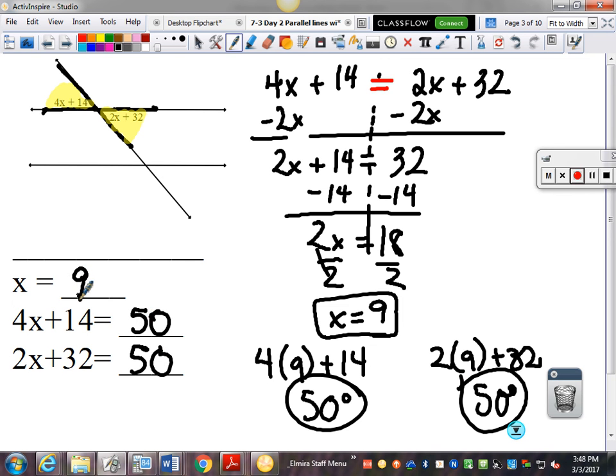Okay, now why were they congruent? Well, it could be vertical, corresponding, alternate interior, or alternate exterior. And in this case, it is vertical. And if you're not sure what it's supposed to be, in class today, remember we made a chart.